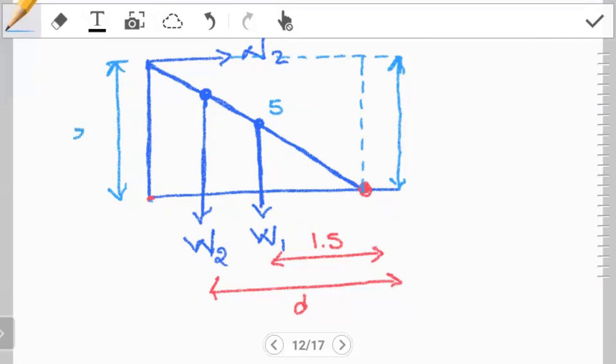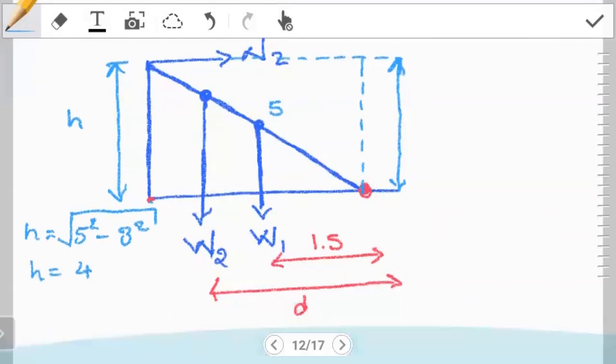If this is, let me not use x, if this is h, you guys can show that h is given by the square root of 5 squared minus 3 squared. This is by Pythagoras theorem, and h will come out as 4. So in other words, this is what I'm going to use to evaluate this.